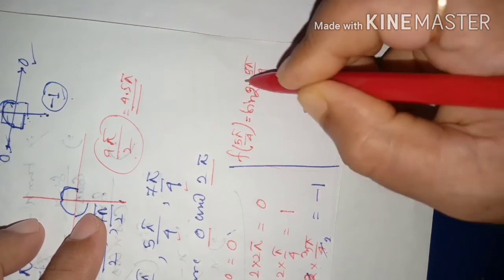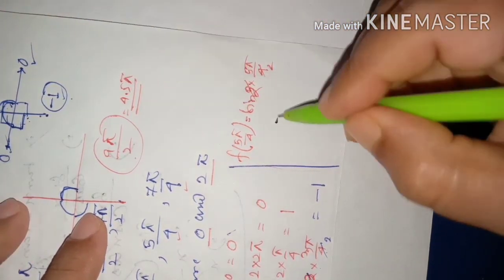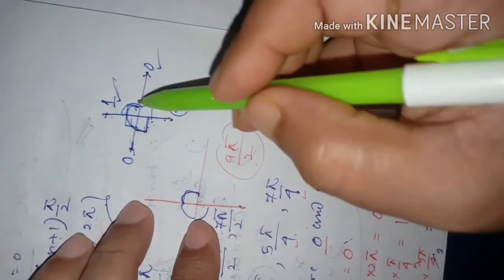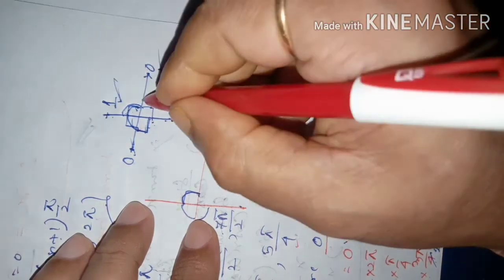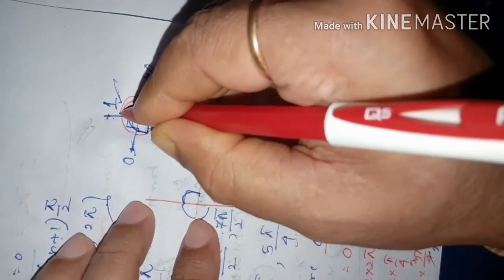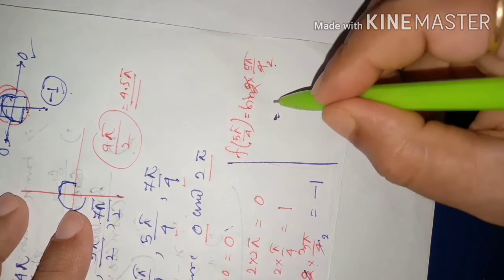If we cancel by 2, it will give us sine 5 times pi by 2. Sine 5 times pi by 2, I was showing you just now. 5 times pi by 2 means 1 pi by 2, 2, 3, 4, again 1 more pi by 2, that means it will be 1. So this value will be equal to 1 only.